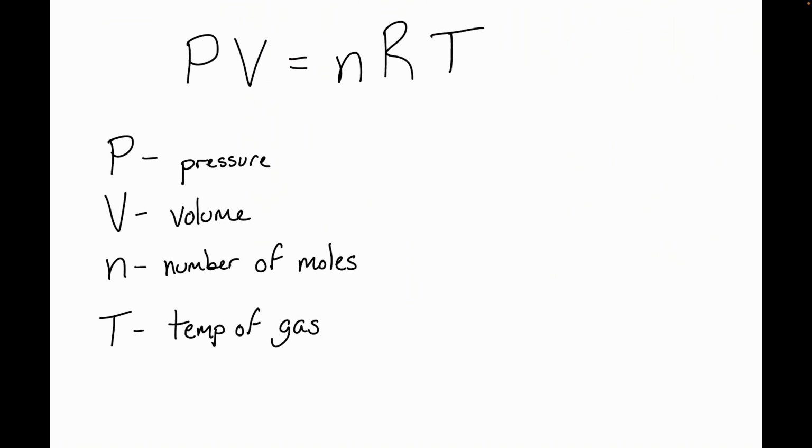And what are we going to note about that temperature when we're using our ideal gas law? It's got to be in Kelvin. Your units of pressure, you can use any units of pressure. You can use any units of volume. But your temperature has to be in units of Kelvin for this ideal gas law to work.